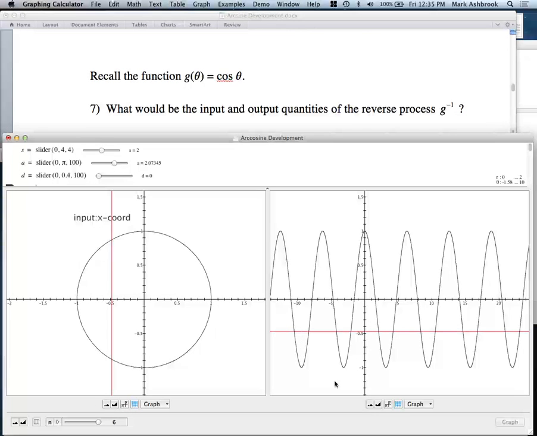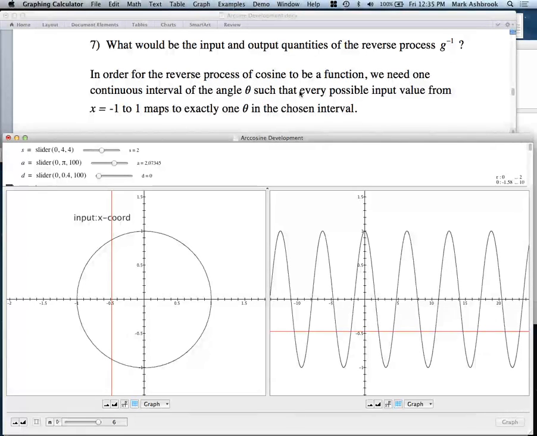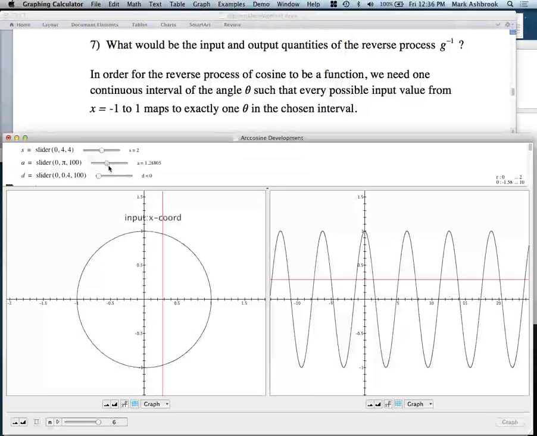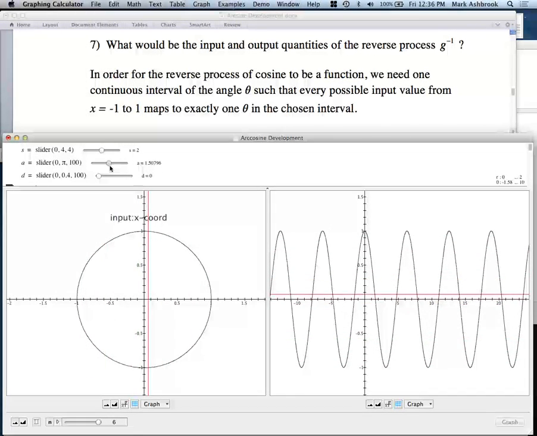So again, we need to restrict, we need to take one piece of the cosine graph, so that we get a continuous interval of angle such that every possible input, every possible x-coordinate that we put in, will map to one particular angle.